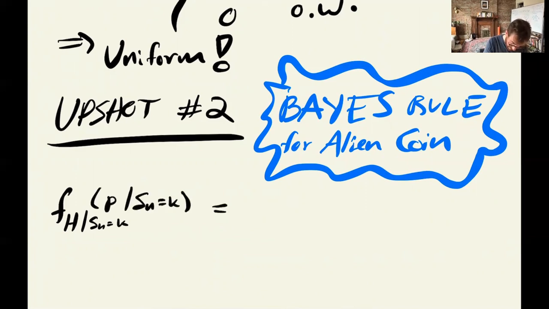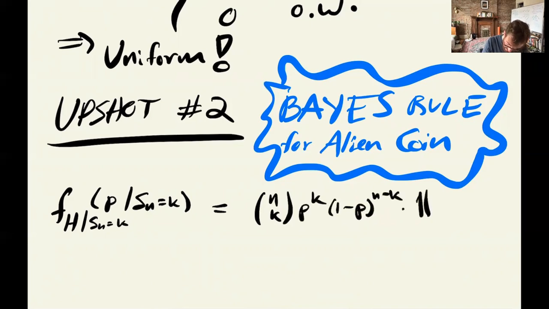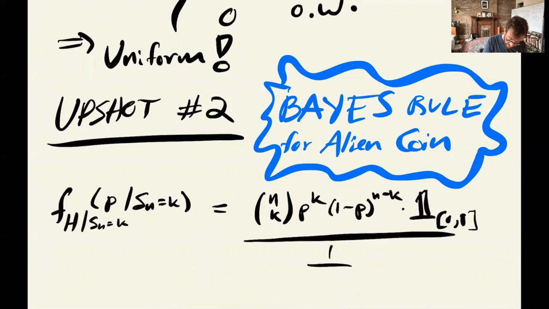Well, it's n choose k, p to the k, 1 minus p to the n minus k, times our uniform distribution 0 to 1, divided by 1 over n plus 1. So we end up having this n plus 1 that comes up top.